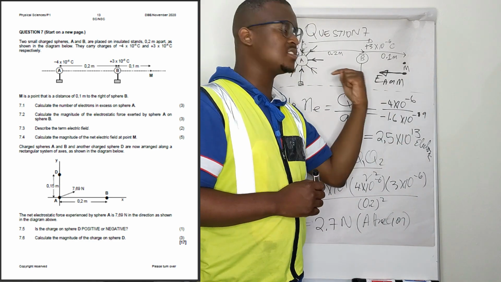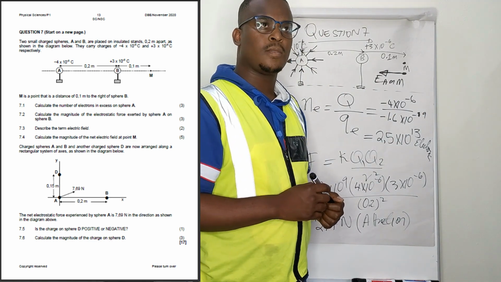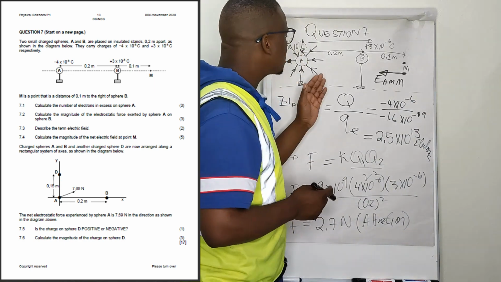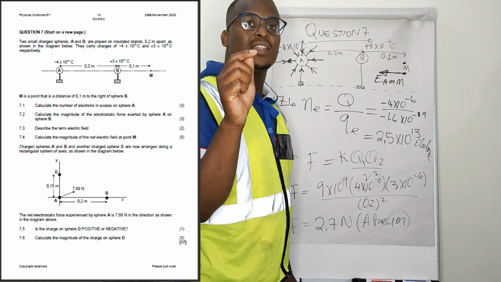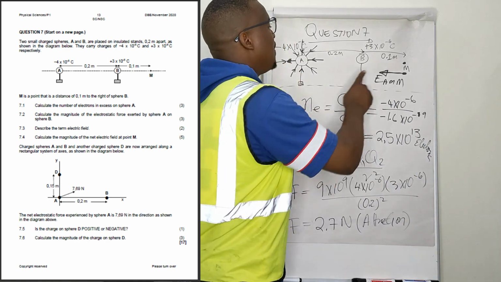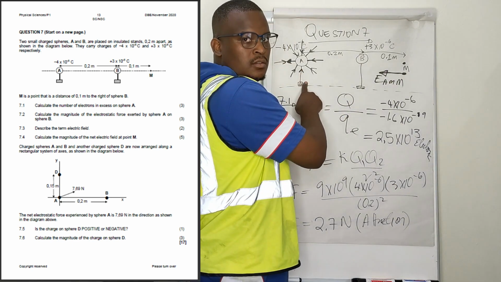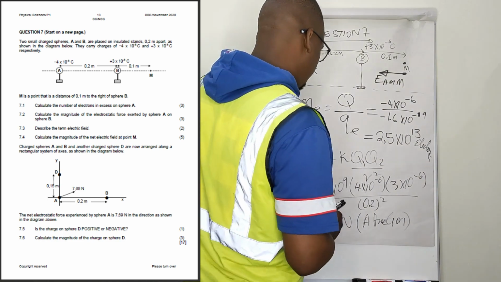Now let's go and calculate the electric field experienced by M as a result of A. That's the first step that you should do.